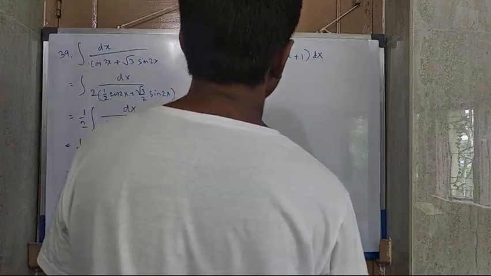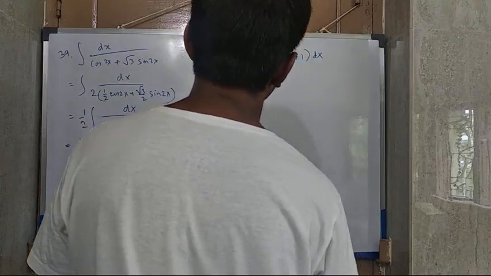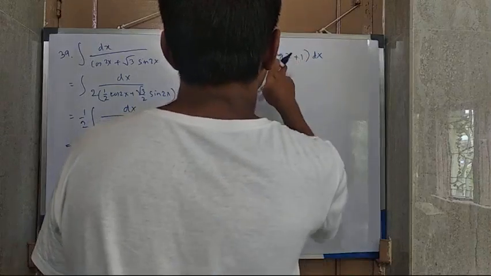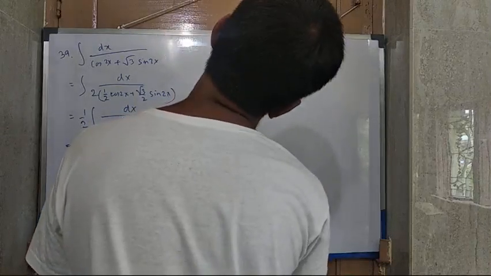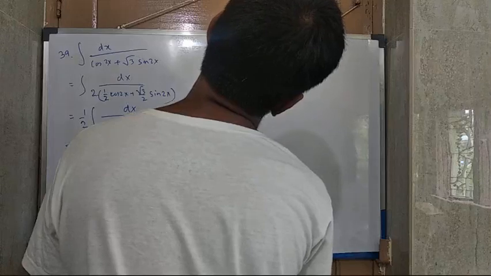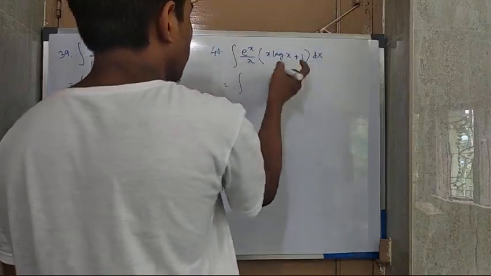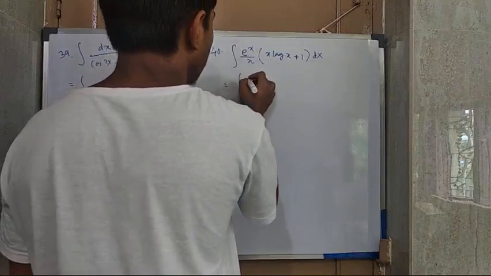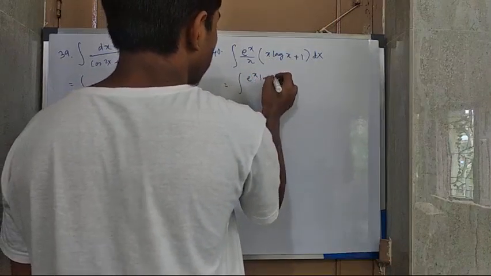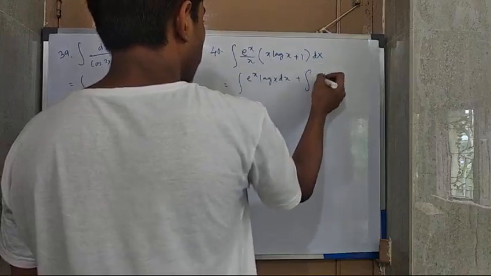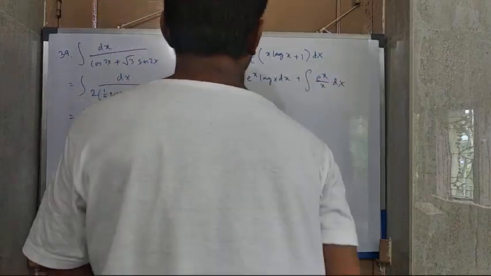Now what we can do with this? x gets cancelled out, 1 by x will come out from here. So just separate this in parts, which gives integral e to the power x log x dx plus integral e to the power x by x dx. Okay.